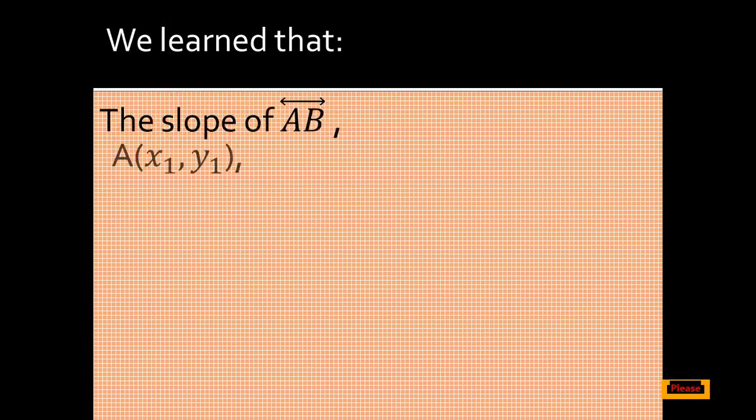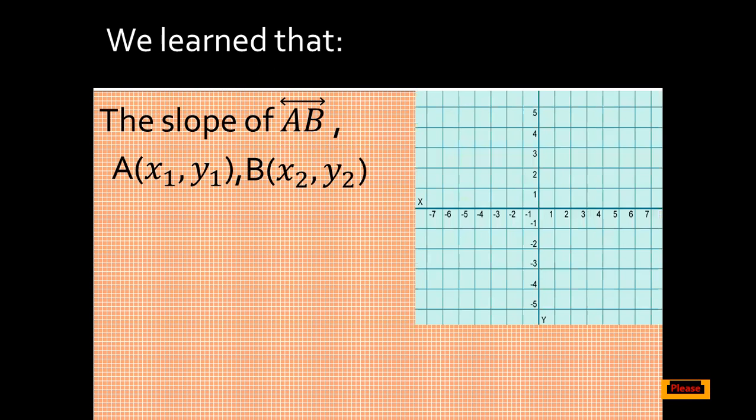We learned that the slope of straight line AB, if A is (x1, y1) and B is (x2, y2), then we draw the straight line AB.